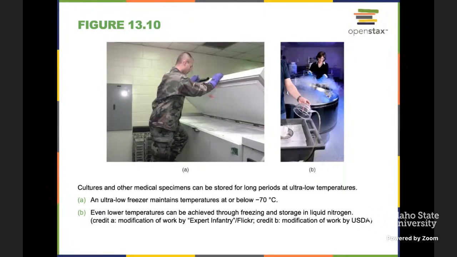And you want to be very quick getting in and out of there to ensure that these samples all stay at that temperature. These typically contain all sorts of samples that we think about for preservation.